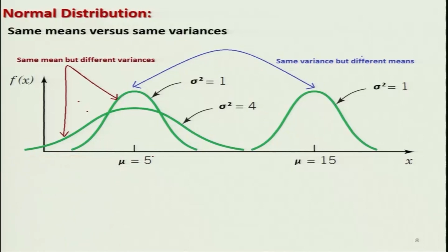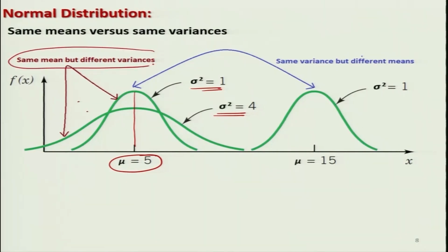So, you can see here the mean is equal to 5, and I plot two possible curves, at sigma square equal to 1 and sigma square equal to 4, right. So, you can see that it is possible that two normal density functions may have the same mean but different variances. This is what you have to observe from here.